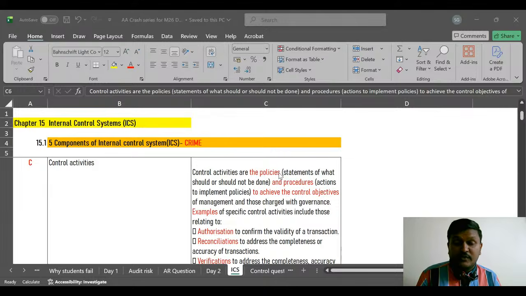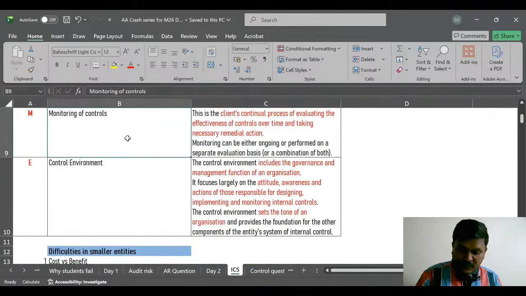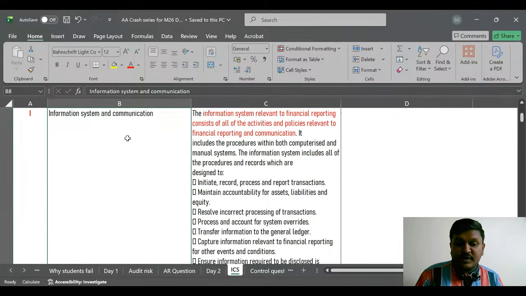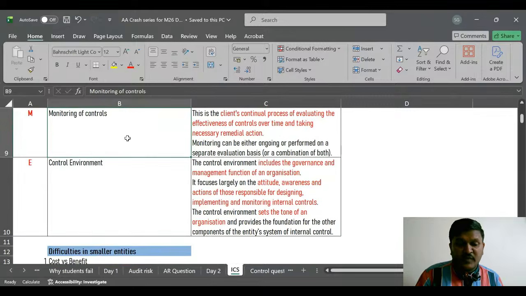I'm not saying it will come for sure, but there is always an 80% chance that this would come as a straightforward bookish knowledge question. So you guys can go through what is control activity, what are risk assessment processes, what is the information system and communication, what is the monitoring of controls, what is the control environment. This will be in this file, and I'll be sharing it with you at the end of this session.